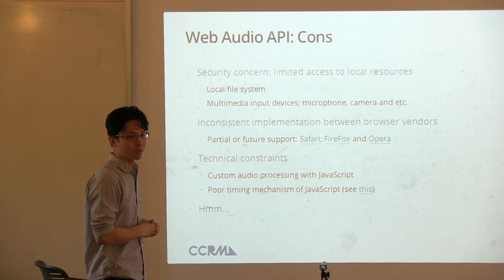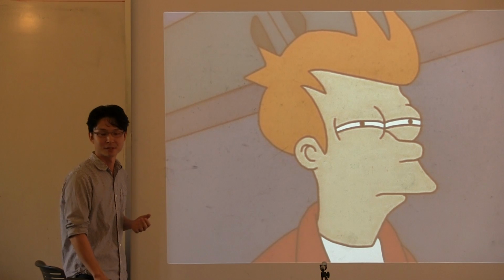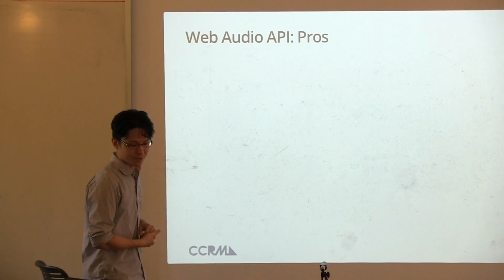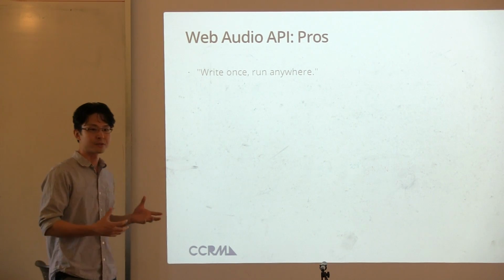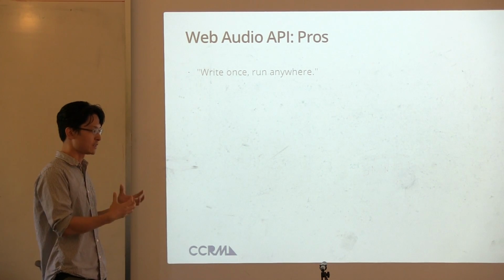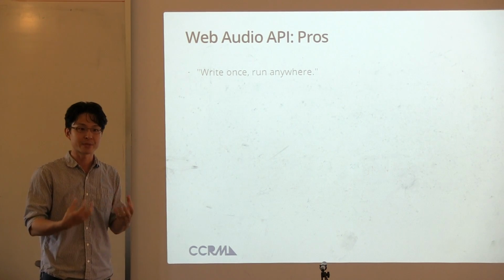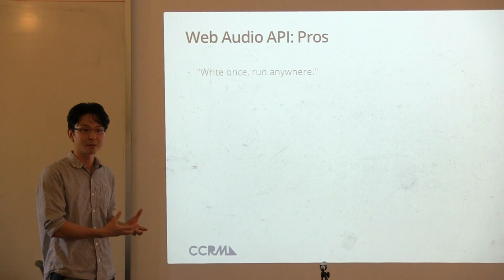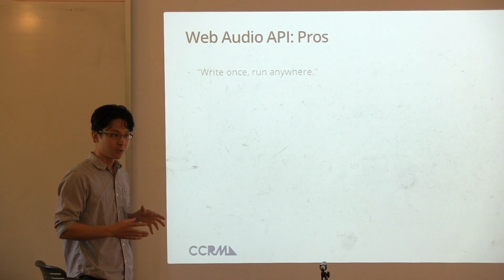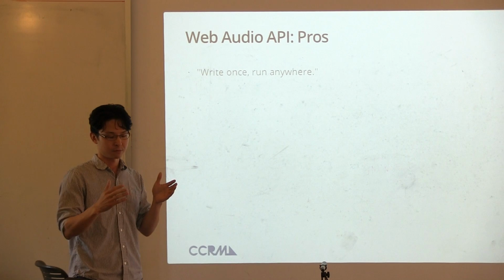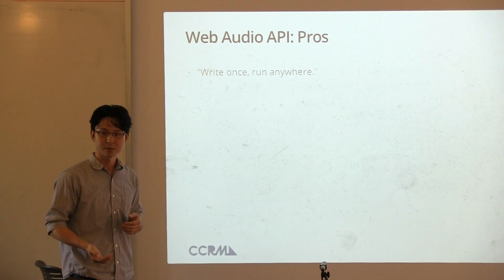So at this point, you might be feeling like this: why should I use this one? But let's look at the bright side. Whatever you develop with this API is going to be a web page or website or web something, right? So that means it's going to be ubiquitous. If you write something, it will run on Mac OS X, Windows, or Linux, everywhere.